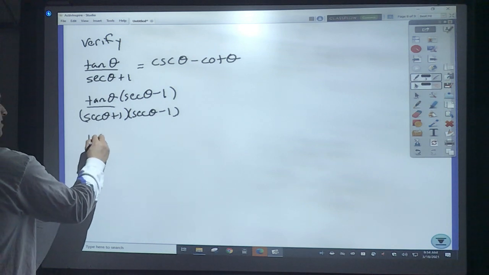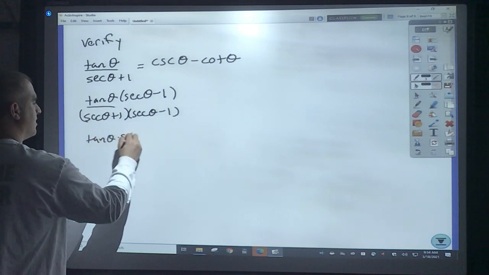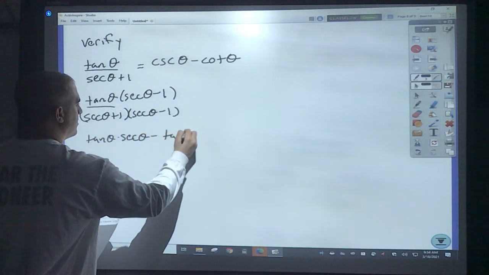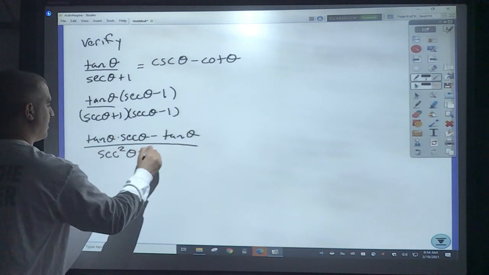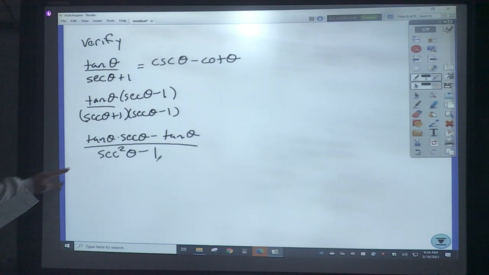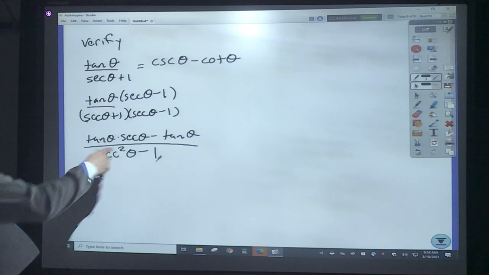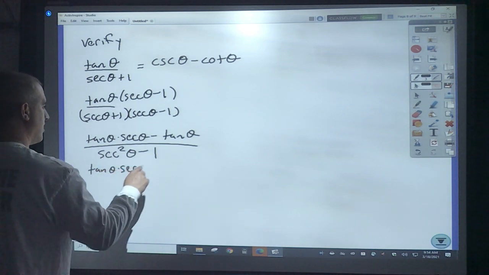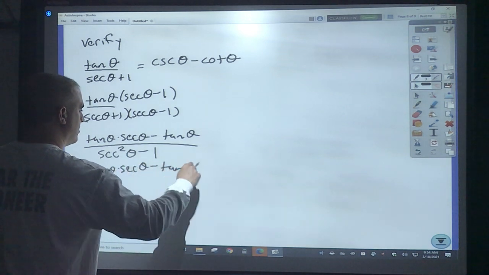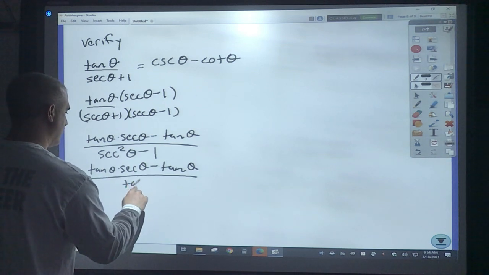So that would be tan theta times secant theta minus tan theta all over secant squared theta minus 1. Now this is an identity here. This is going to equal tan squared. So I got tan of theta, secant of theta minus tan of theta all over tangent squared, okay?